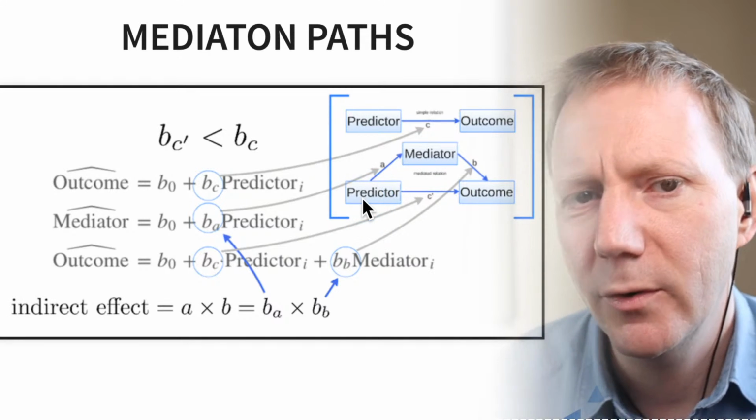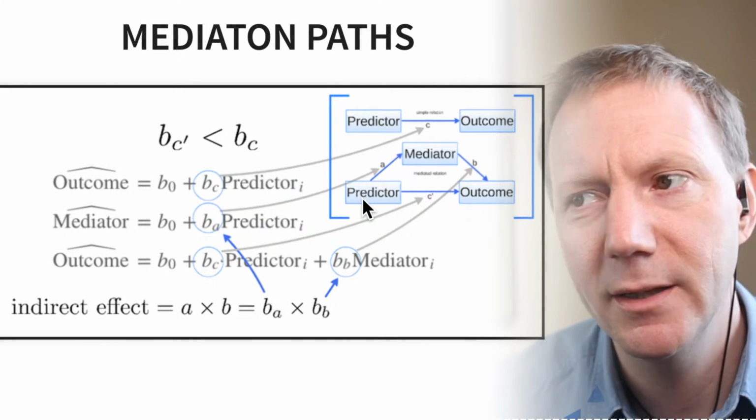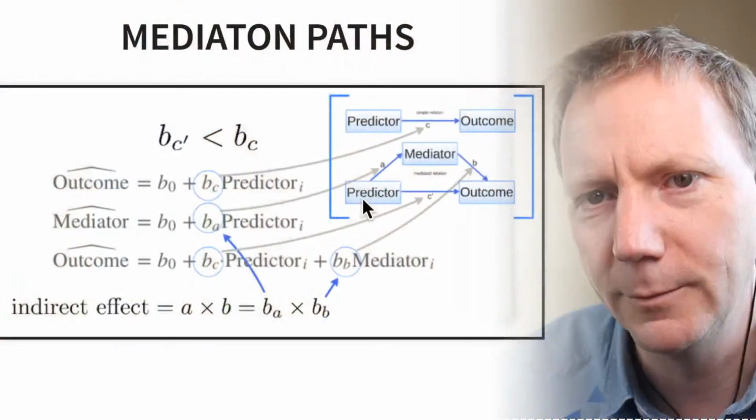So in terms of a regression model, this is exactly the same as performing a multiple regression with 2 predictors. Only one predictor is the predictor that we use here, and the other is the mediator. And again, it's only a label that makes it the mediator. It's just another variable in our model.